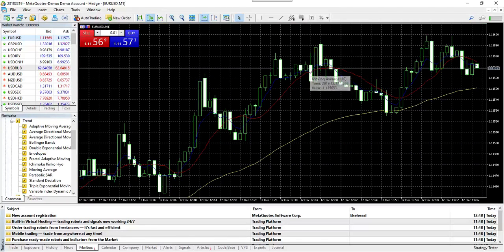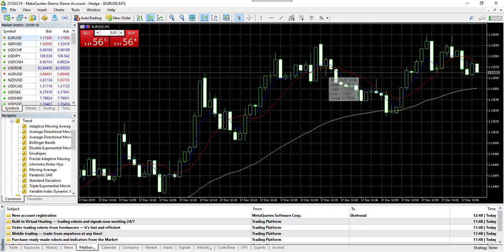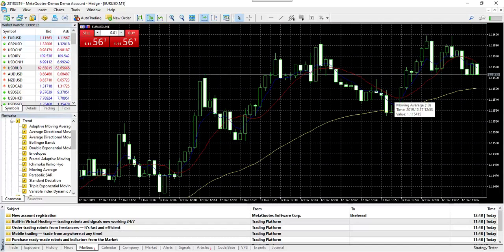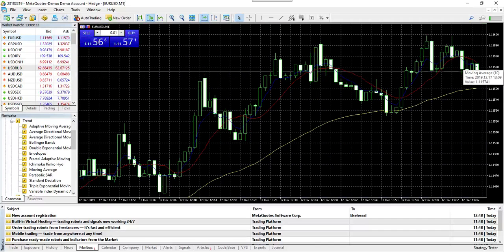Once you see it is facing down, know that the market is about selling. So from here to here, there was a deep sell in the market. Now from here to here, there was a deep buy, and now the market is also coming down, which is selling. So these are just some of the fundamentals that you need to know.